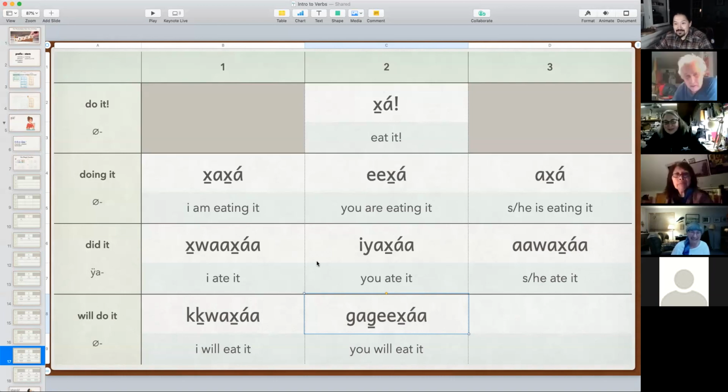In gagiha, where did the ya go? Or the W, how come there's none of that? Good question. If you look at the little text here, this shows you what the classifier is.